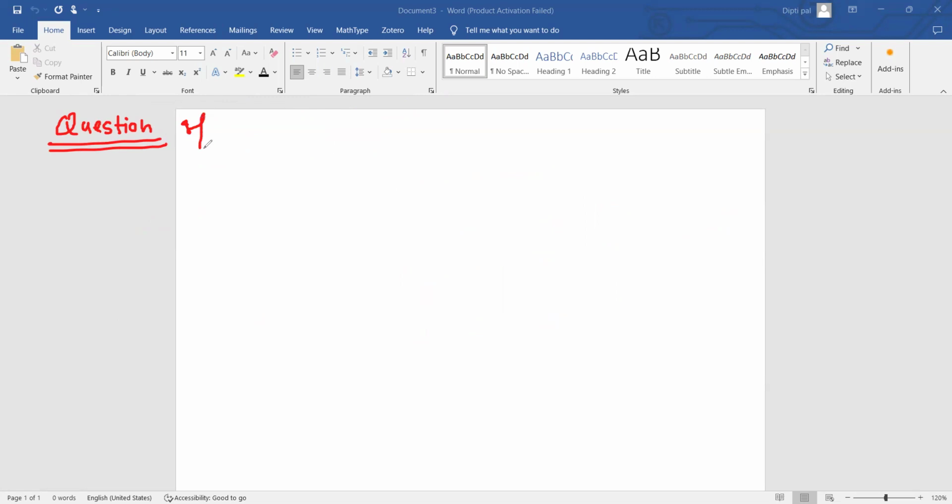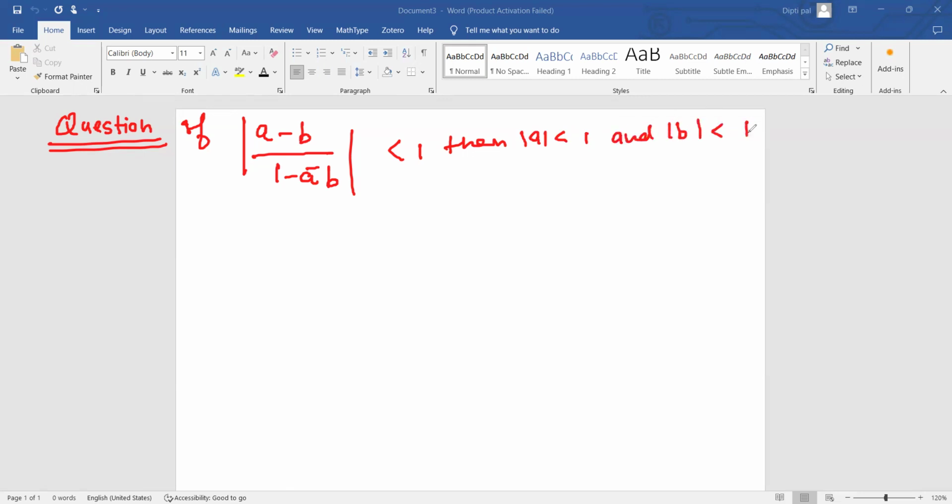If modulus of (a minus b) upon (1 minus a bar b) is less than 1, then modulus of a is less than 1 and modulus of b is less than 1.